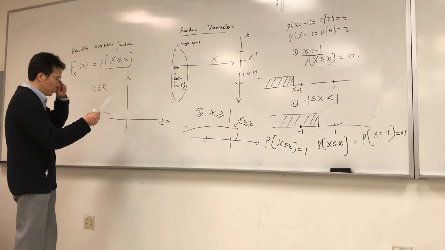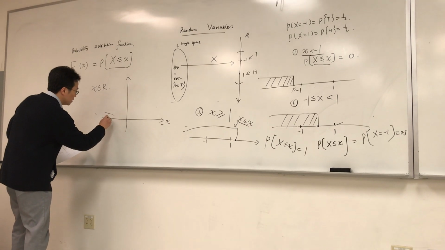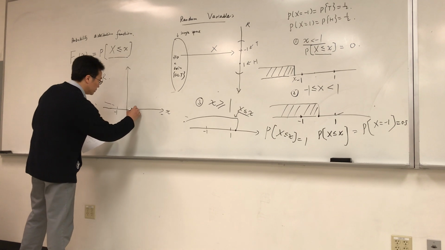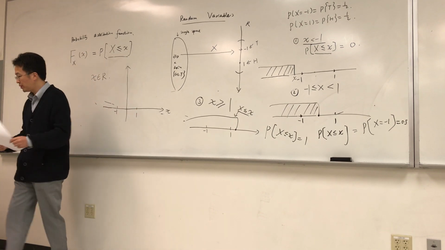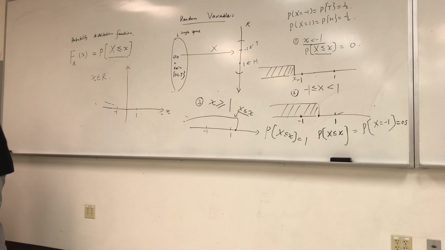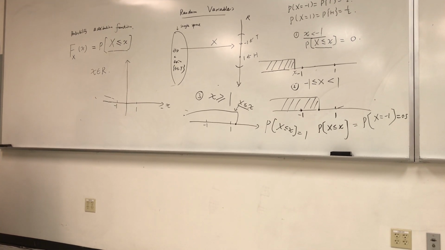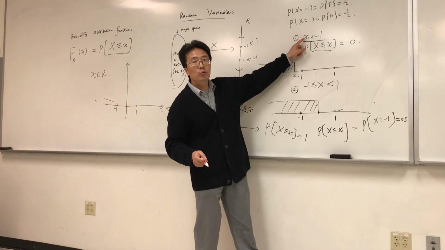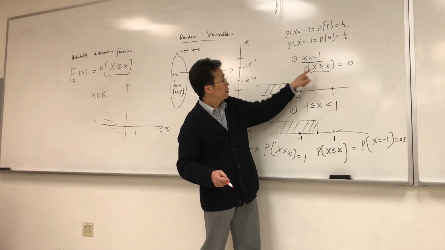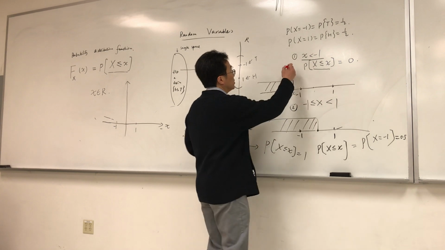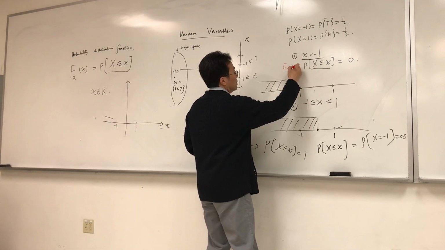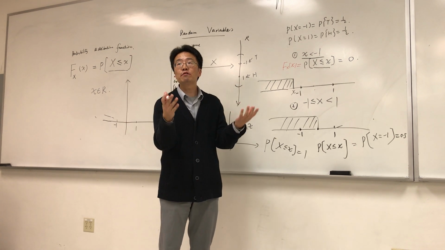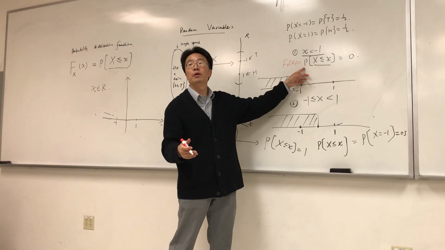And if we draw this function here, we have to pay attention to 2 special values, -1 and 1. Probably it's better to use different colors. Based on the first condition, when realization is less than -1, this function is 0. Keep in mind, this function represents this probability.